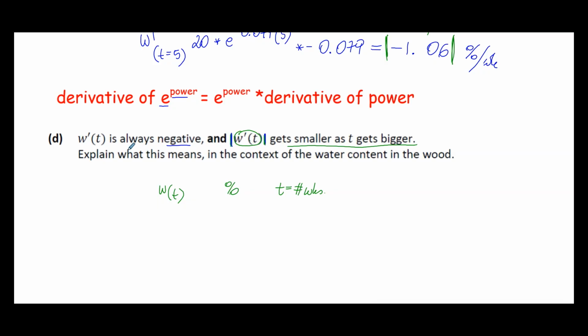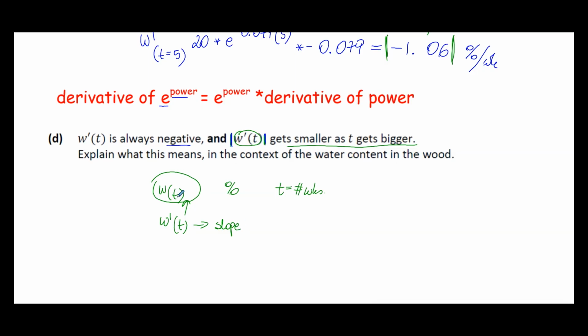Now, here they are talking about the derivative. How does the derivative connect to the main function? Well, we can look at it two ways. It talks about rate of change, so it talks about how this function will be changing. The other way we can look at it, maybe it's easier to understand, is that the derivative is the same as the slope.